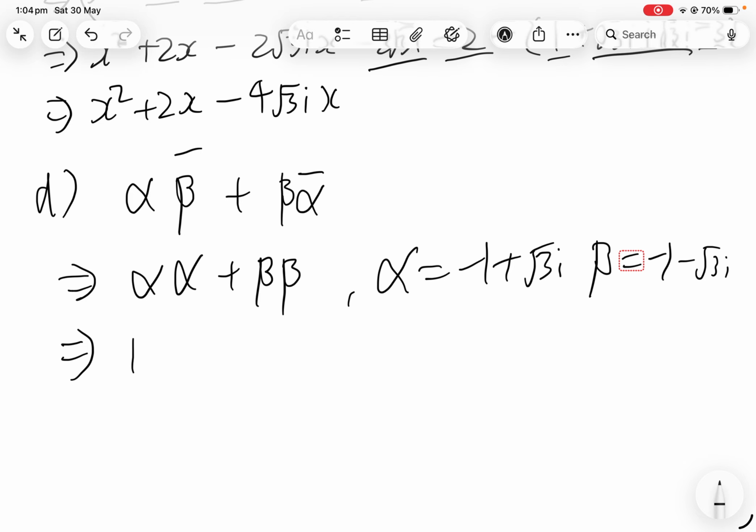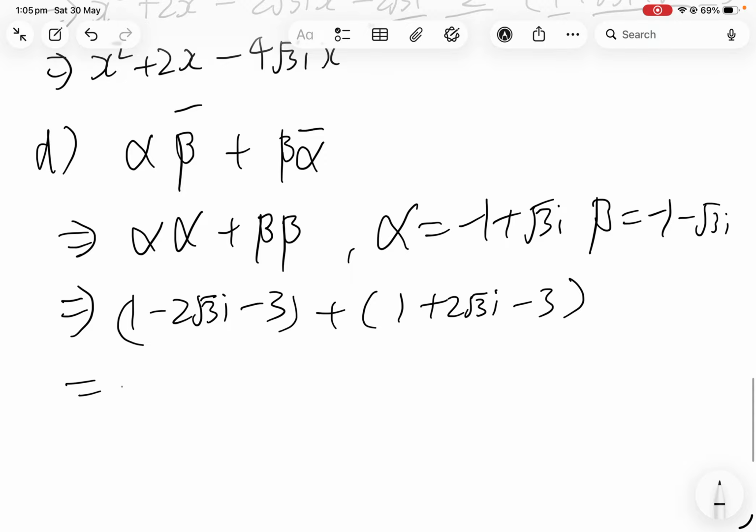This equals 1 minus 2√3i minus 3, plus 1 plus 2√3i, and then it will be, well, that's squared, so it's 3, but negative 3. So that just equals, well, that's negative 2 plus negative 2, so that's just negative 4, and these two will cancel out anyways.